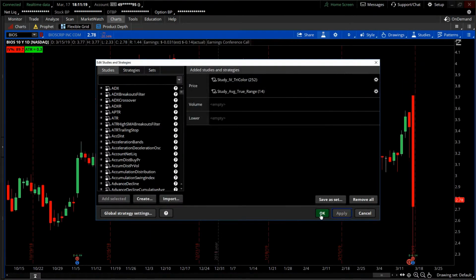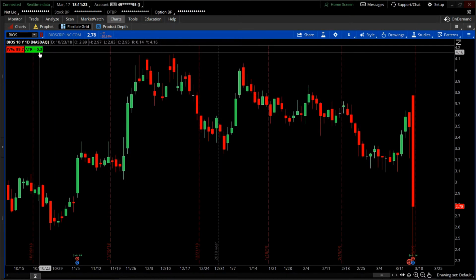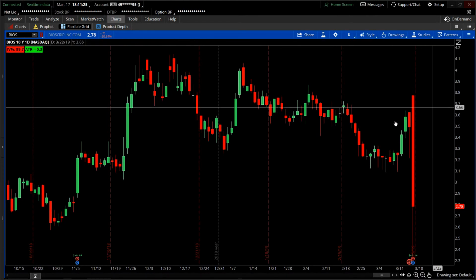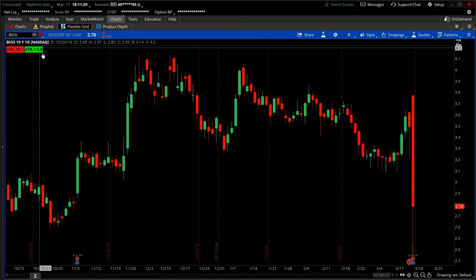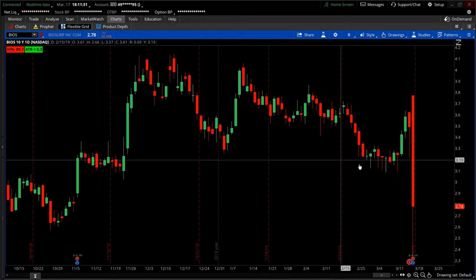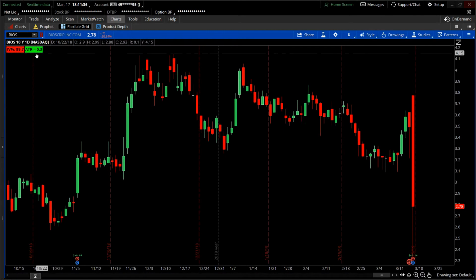Really what I need is the number. What it's telling me is that for the last 14 bars back, the average that it moves is about 30 cents. So that's the average. So what I do is the most it will go is about 60 cents.